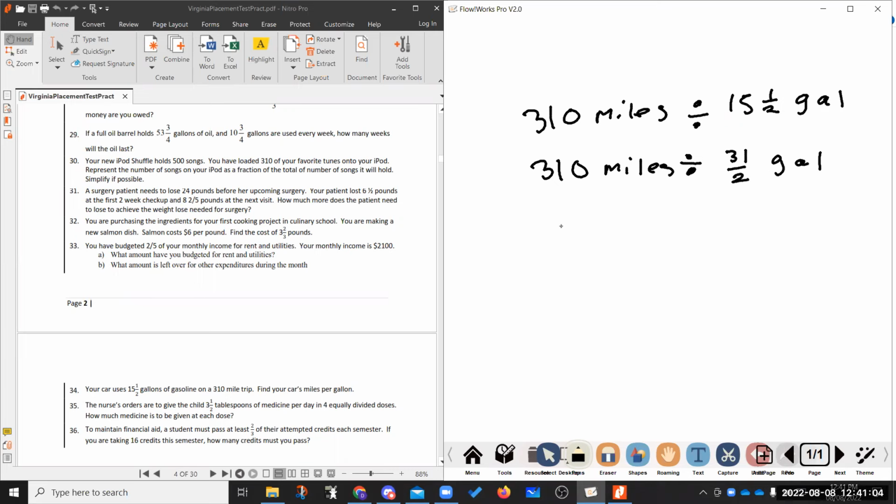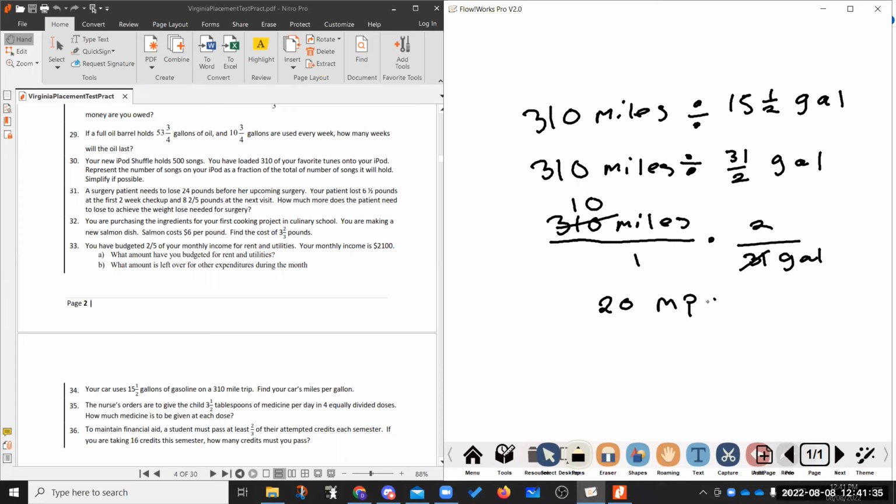And so this is going to be 310 miles times 2/31, and the gallons have to go to the bottom because they were in the top here, and I'm multiplying by the reciprocal. 31 goes into 310 10 times. So this is going to be 2 times 10. It's going to be 20 miles per gallon, another one of those units that we can abbreviate as MPG.